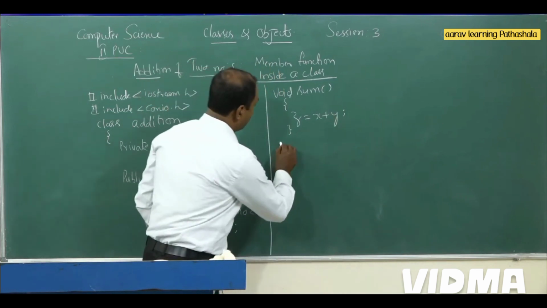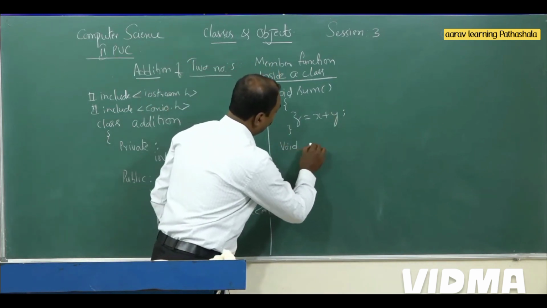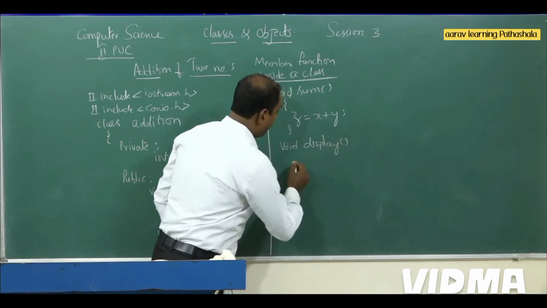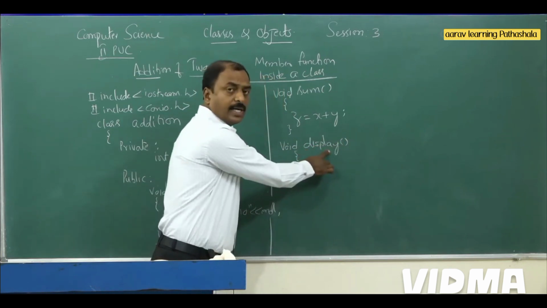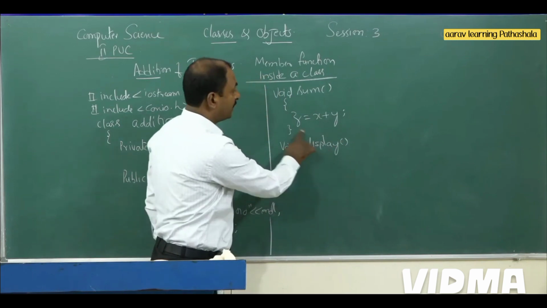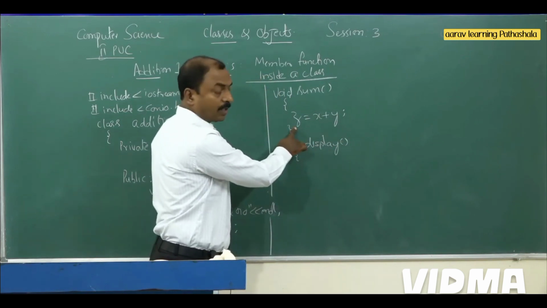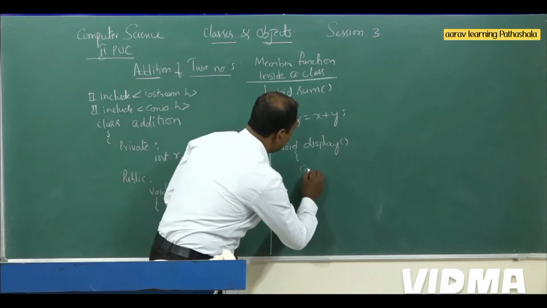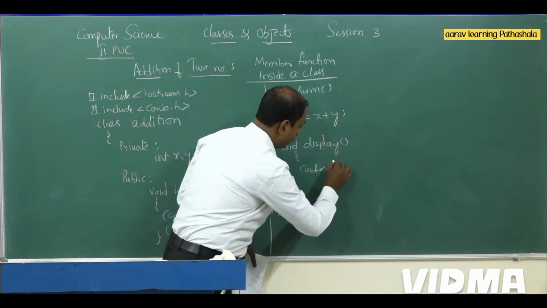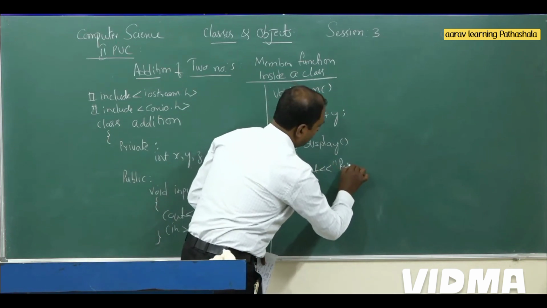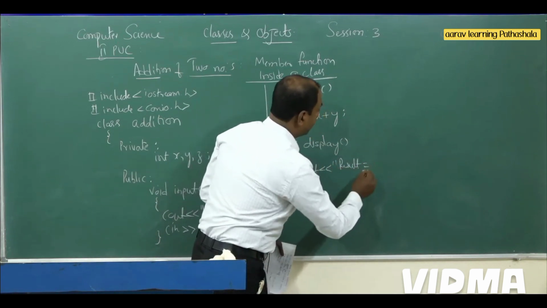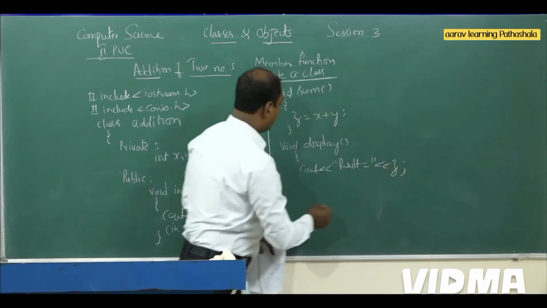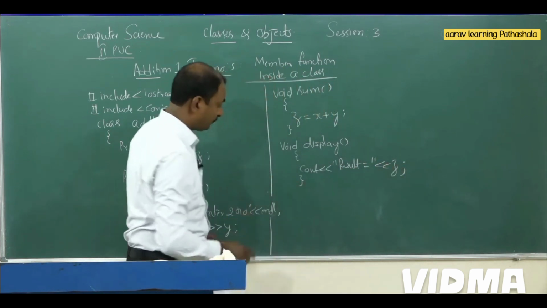Then after this we write one more function, void display, and I am using this function to display the result of the addition of two numbers. So here I say cout, result equals z, semicolon. I am closing this.